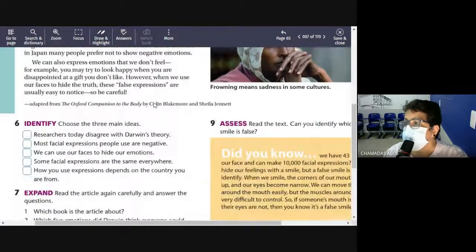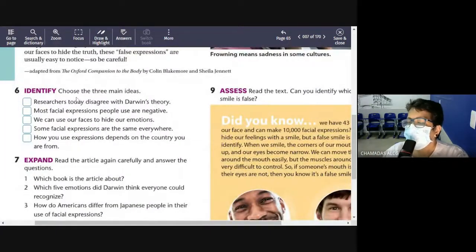And then after we read, we should choose the three main ideas. So let's see the ideas first, okay? The first one, researchers today disagree with Darwin's theory. Most facial expressions people use are negative.